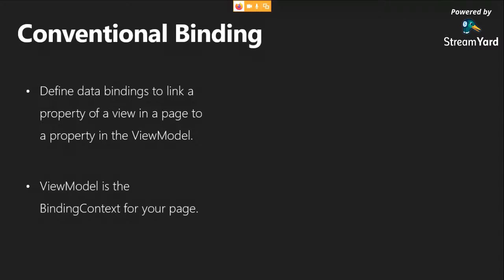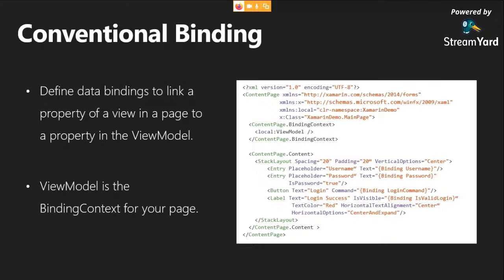By default it will take the context from the parent. For example, once you set the context for the page, the children of the page will all be passed down the same context that the parent has, unless you explicitly define a context for any other objects. Otherwise it will take the context of its parent. That's how it works.